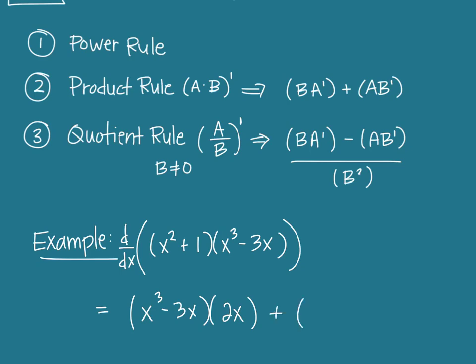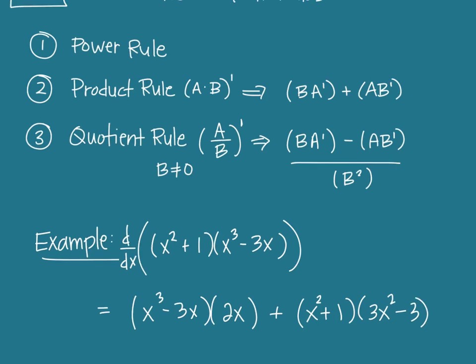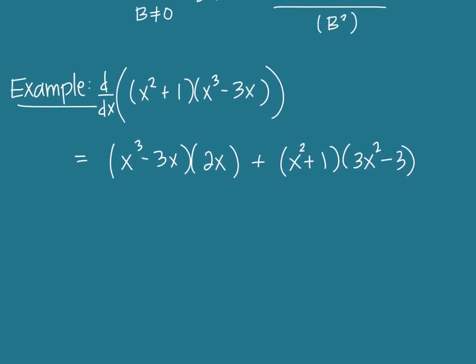Plus, okay, now we want the a quantity, which was x squared plus 1, times the derivative of the b quantity, which the derivative of x cubed, according to the power rule, is 3x squared, and the derivative of negative 3x is negative 3. And so you end up with 4 parts of your product rule.